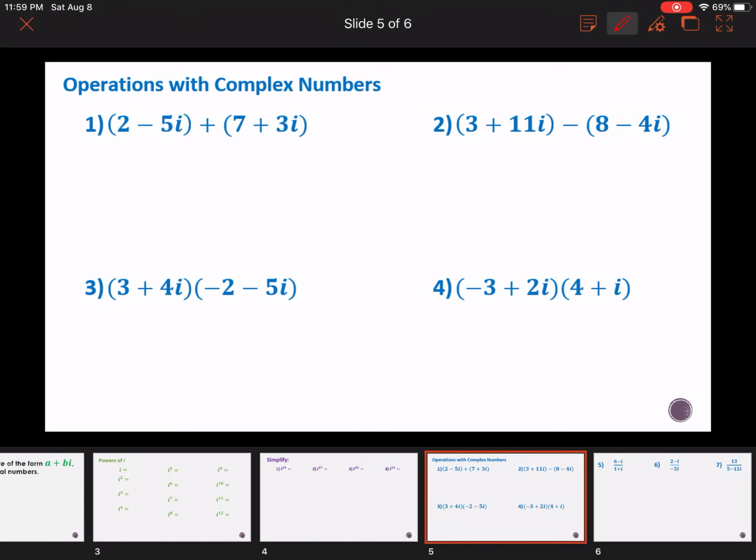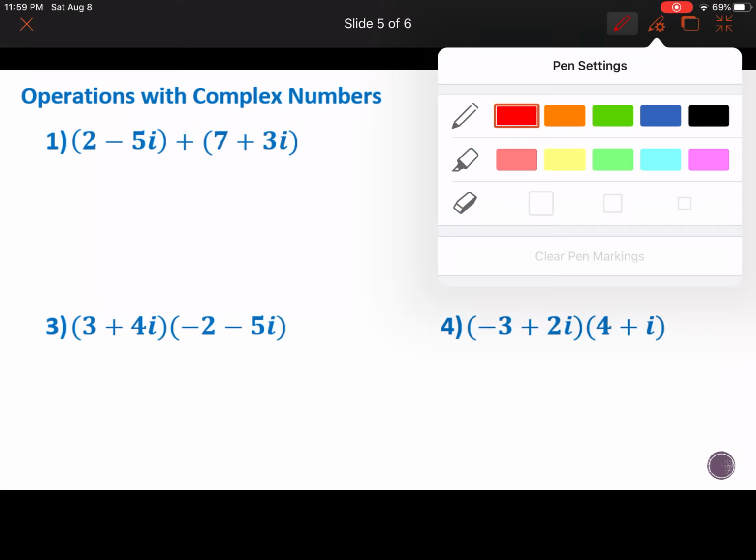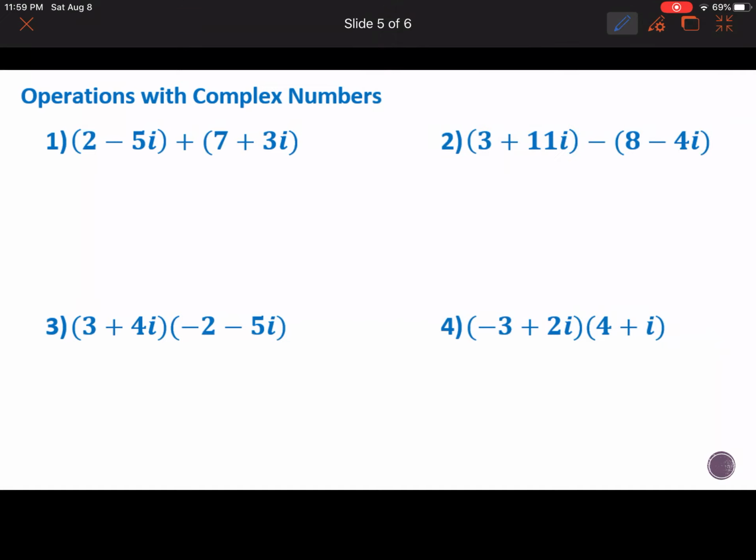Okay, so when we simplify, we're going to combine our like terms. For addition, all we need to do is combine our like terms. So I'm going to start with the real numbers. That gives me 9. And then I'm going to add my imaginary numbers. And that's negative 2i.